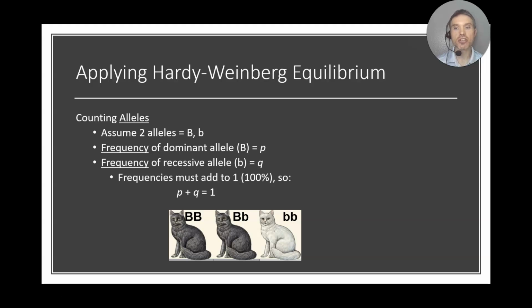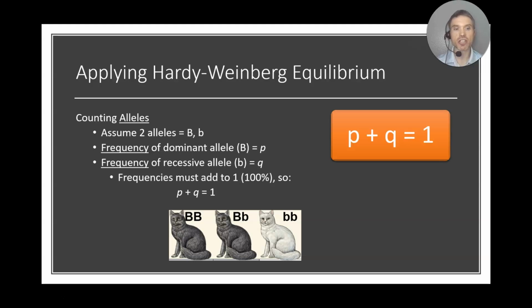Now, we're going to assume that the dominant allele is represented by the letter p, and the recessive allele is represented by the letter q. Dominant p, recessive q. So if we add all the alleles in our population, the equation that we are going to use is p + q = 1.